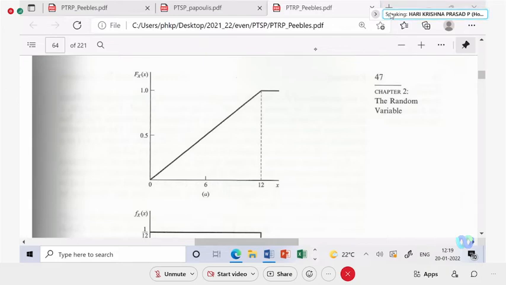If you ask me, what is the probability of random variable x taking a value of 6? From the figure, I will draw a line parallel to the y-axis. Where that vertical line intersects the curve, I will draw a line horizontal to the x-axis, land on the y-axis and read that value.